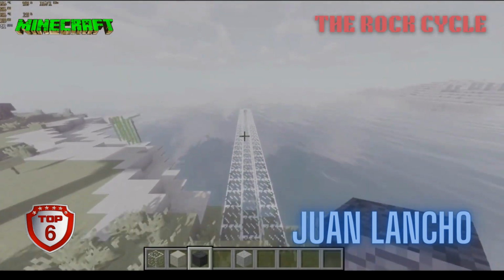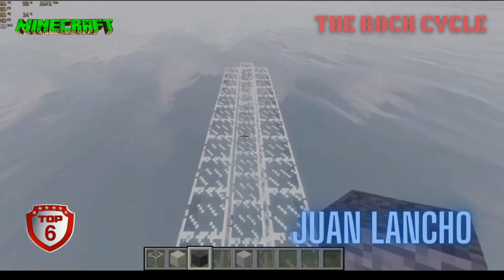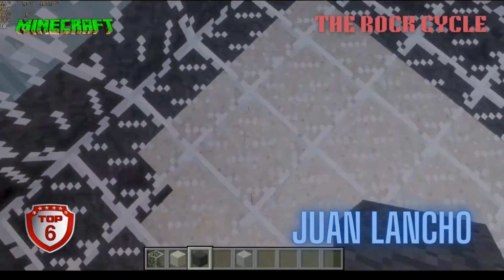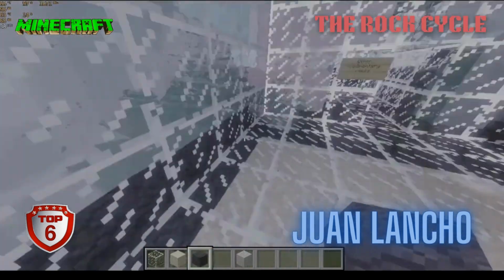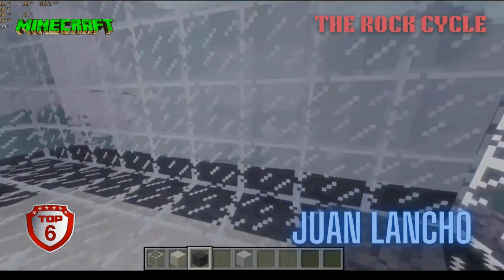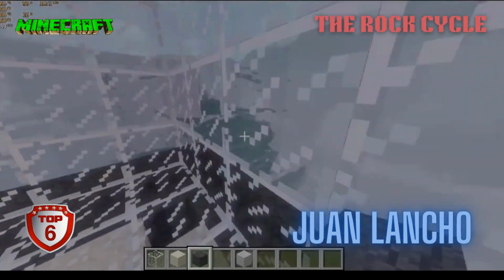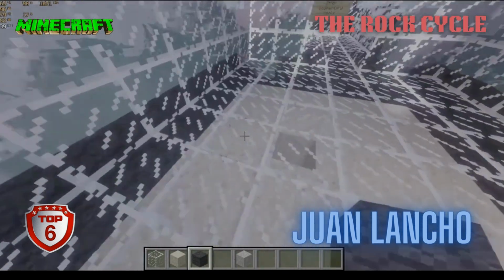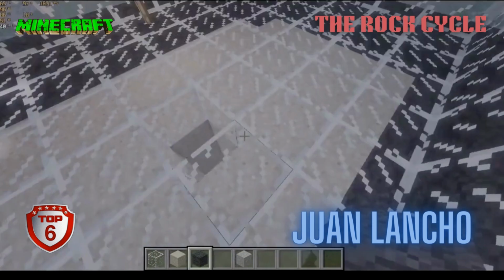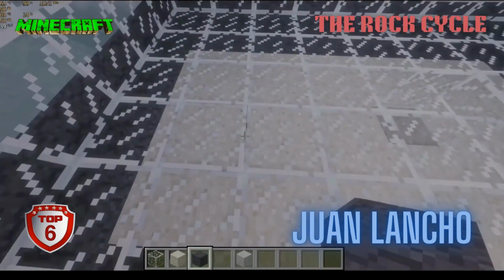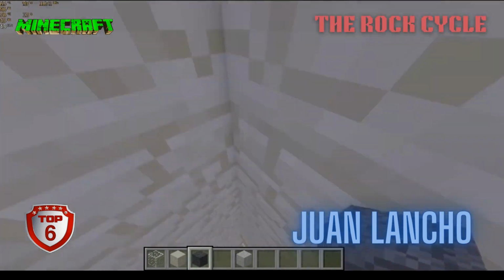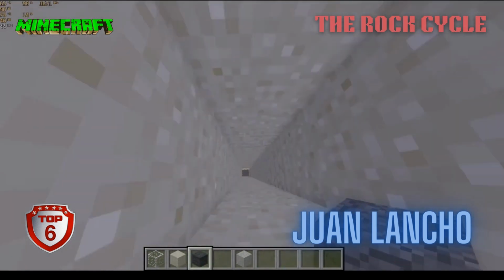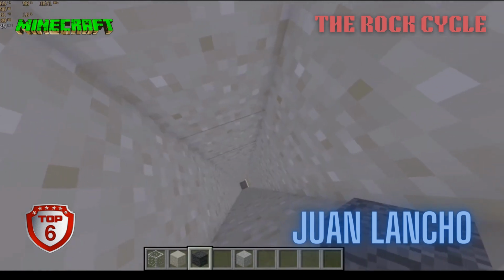Okay, the sedimentary rocks. Under the ocean, we have sand that accumulates by the erosion of the rocks. The sediments go to the floor of the sea, forming sand, and the sand accumulates and compresses, creating high pressure.